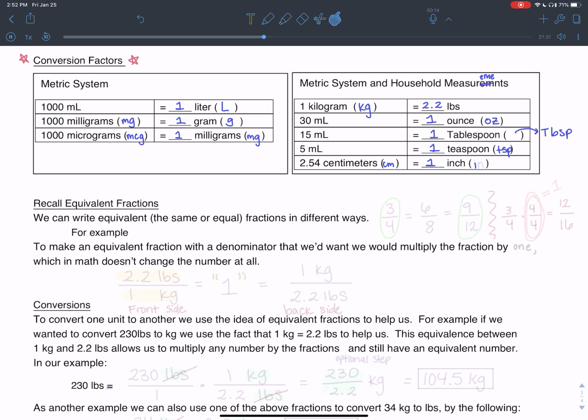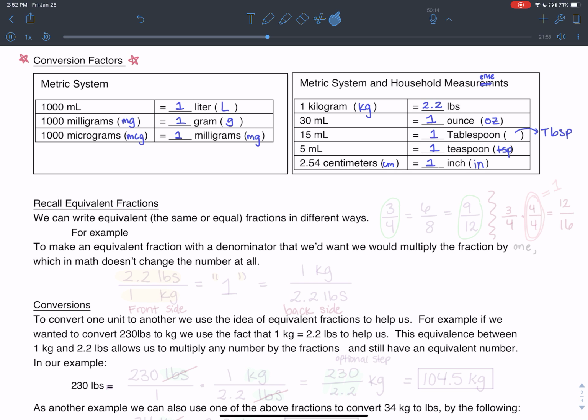Many of these we will not use, but we will be using pounds to kilograms, ounces to milliliters, and so forth. Those are the big ones. We do measure things a lot in ounces and then have to possibly convert them to milliliters.